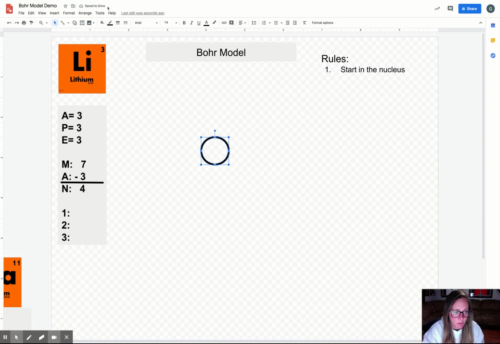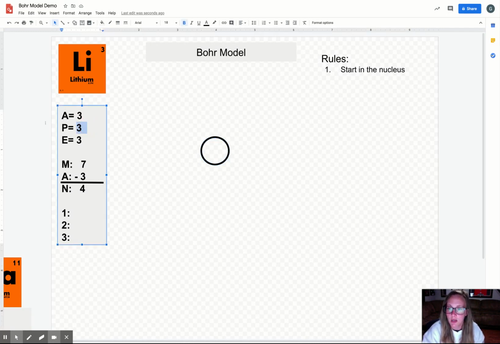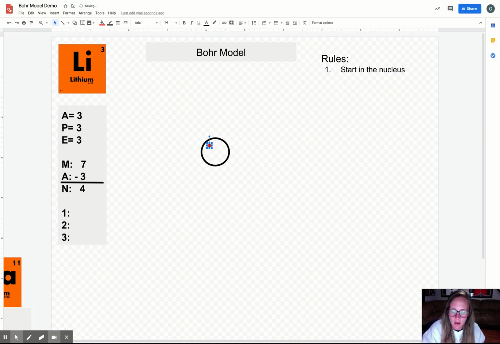Inside my nucleus, I'm going to have 3 protons. Red dots are my protons, and they are positive. I'm going to have 4 neutrons. Protons and neutrons are the same size.